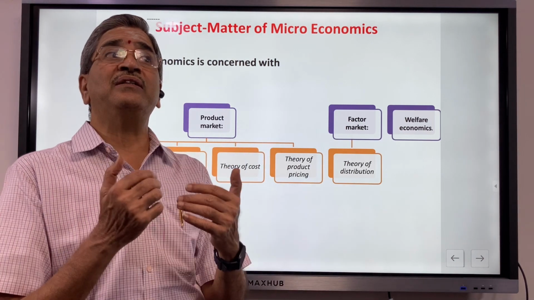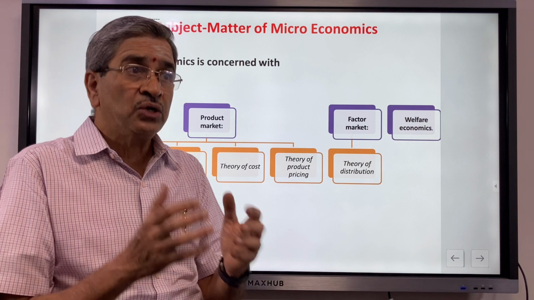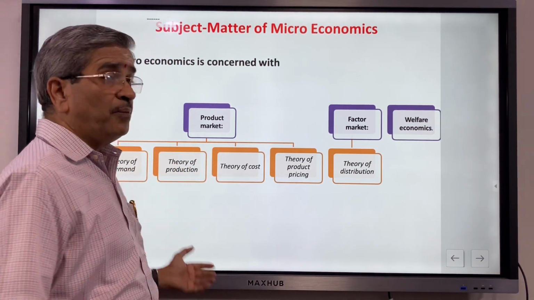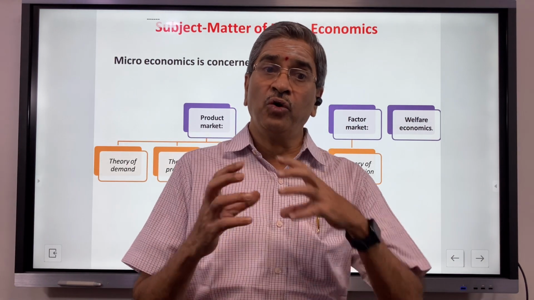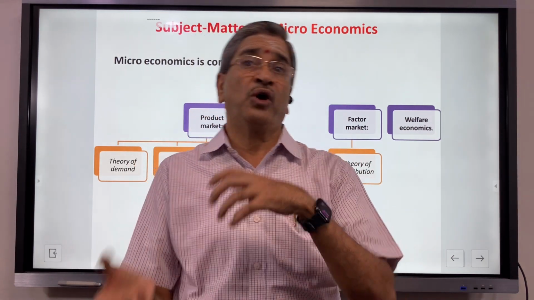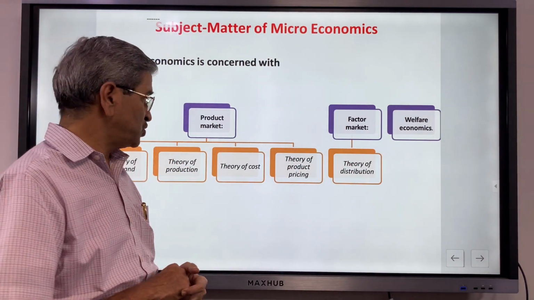To estimate the demand, you need to study the behavior of consumers. So that is the microeconomics part of it. Theory of production: how do you produce? What is the relationship between inputs and outputs? Production function. Those things come under the theory of production.